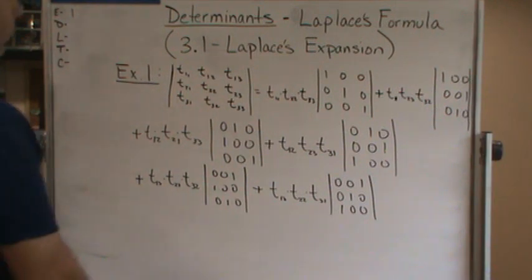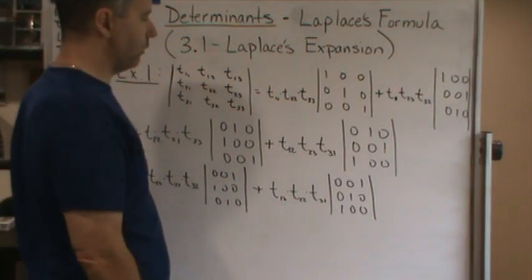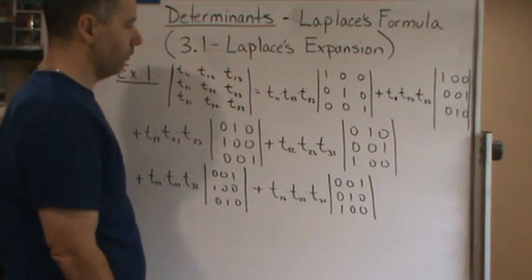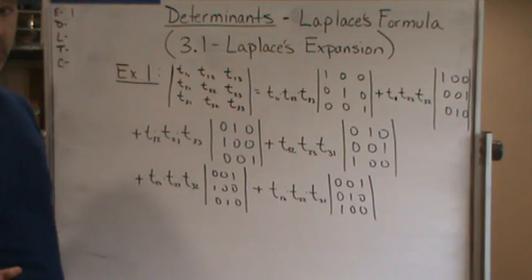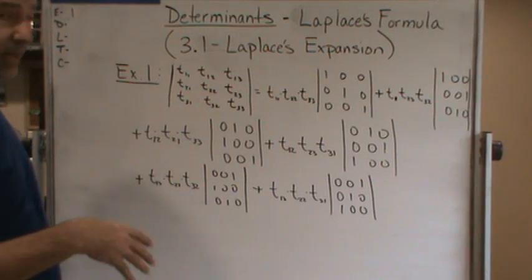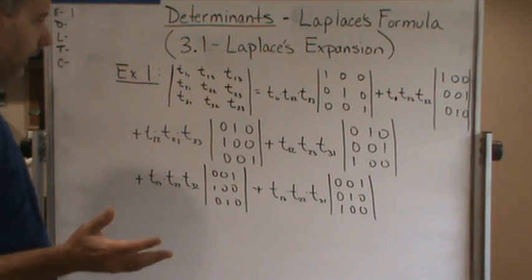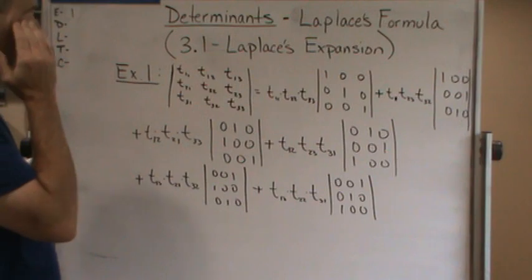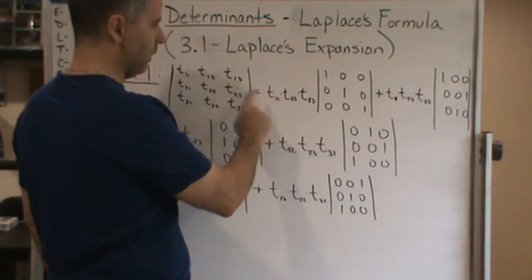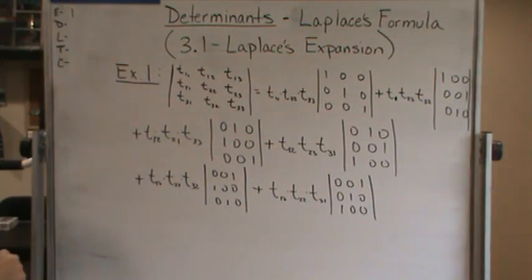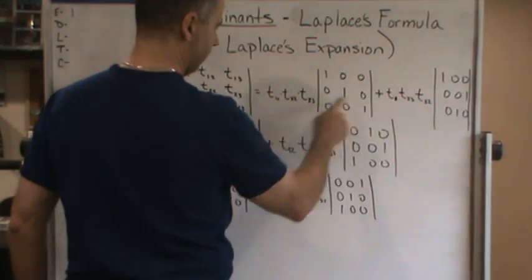Okay, so what we want to do is factor out one of the rows. It doesn't matter which row, like I was saying. So in this case, we could just do the first row. We're going to factor out the first row, which would be T11. So we'll factor out T11 from this set, right?